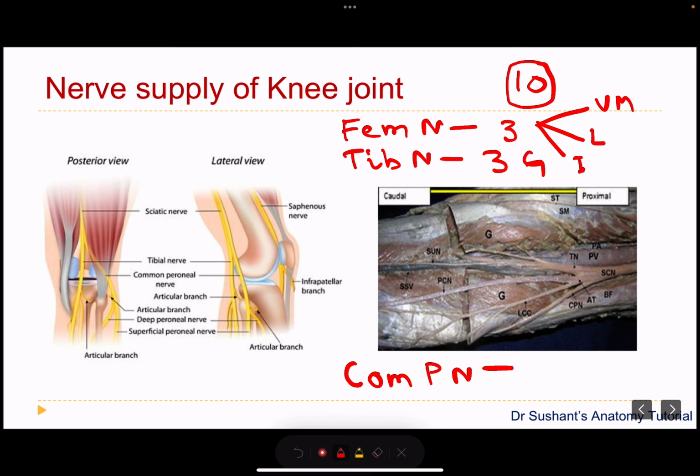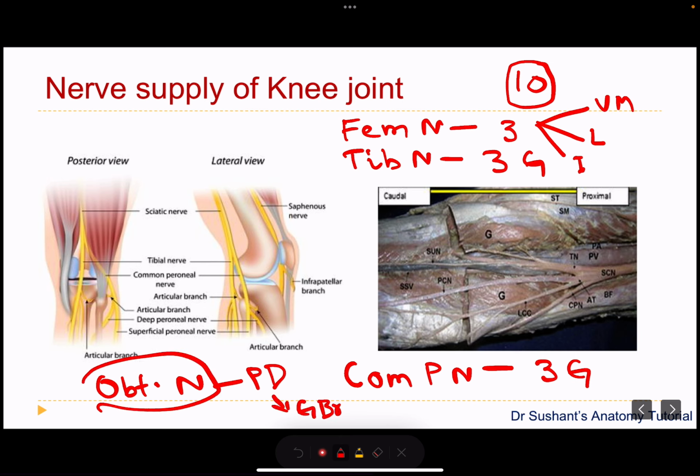There are three genicular branches from the common peroneal nerve, which are the superior lateral, recurrent, and inferior lateral nerve, and one branch from the obturator nerve. That is from its posterior division, which is known as the genicular branch. So the genicular branch from the posterior division of the obturator nerve is the 10th nerve.